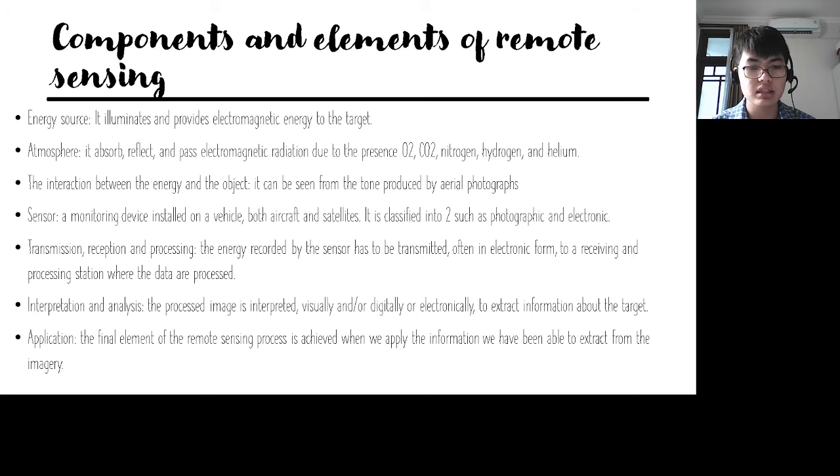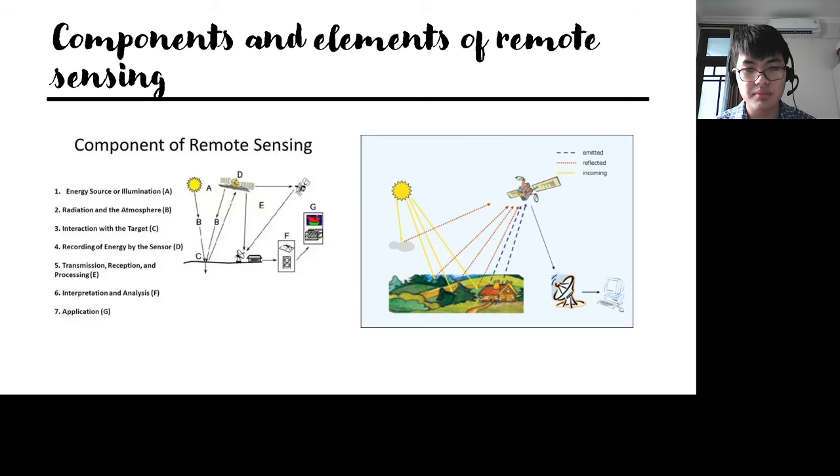Interpretation and analysis. The processed image is interpreted visually and or digitally or electronically to extract information about the target. And finally, application. The final element of the remote sensing process is achieved when we apply the information we have been able to extract from the imagery.